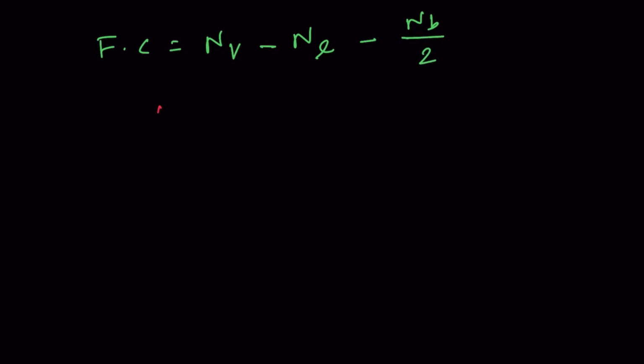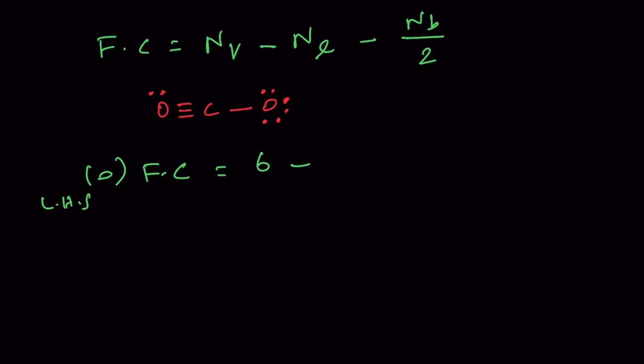Therefore, let us calculate the formal charge for the second resonance structure first. If we calculate the formal charge for the oxygen atom on the left hand side, then that will be equal to, we have 6 valence electrons in oxygen minus number of lone pairs of electrons, which will be 2 because we have one lone pair here, that accounts for 2 electrons, minus number of bond pairs.